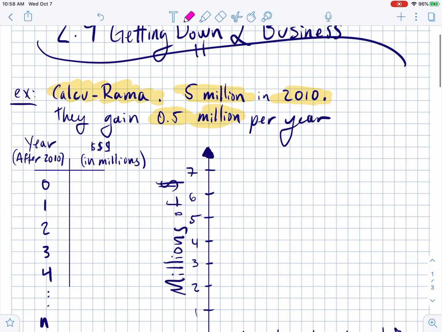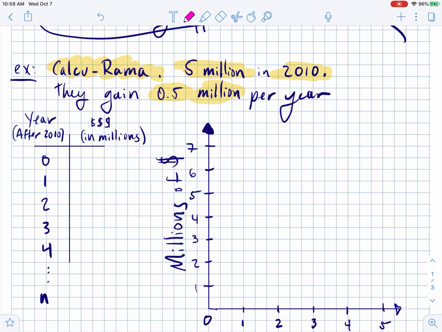So first thing I'm going to do is start with a little table of how much money Calculama is getting. So please notice here my years, 0, 1, 2, 3, 4. These are the years after 2010. So right here, this would represent 2011, and then this would be 2012, etc. They start with 5 million, so I'm just going to put a 5 right here rather than writing 5 million because, whoops, I did not mean to erase that.